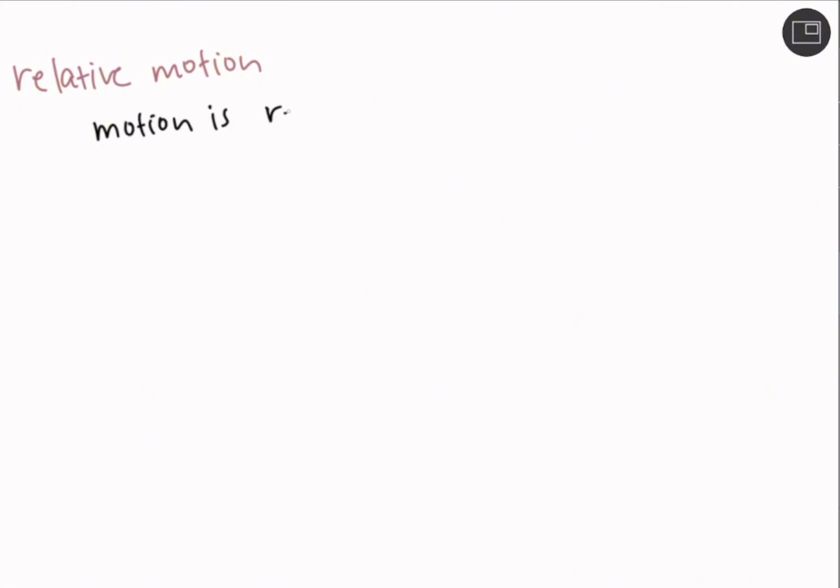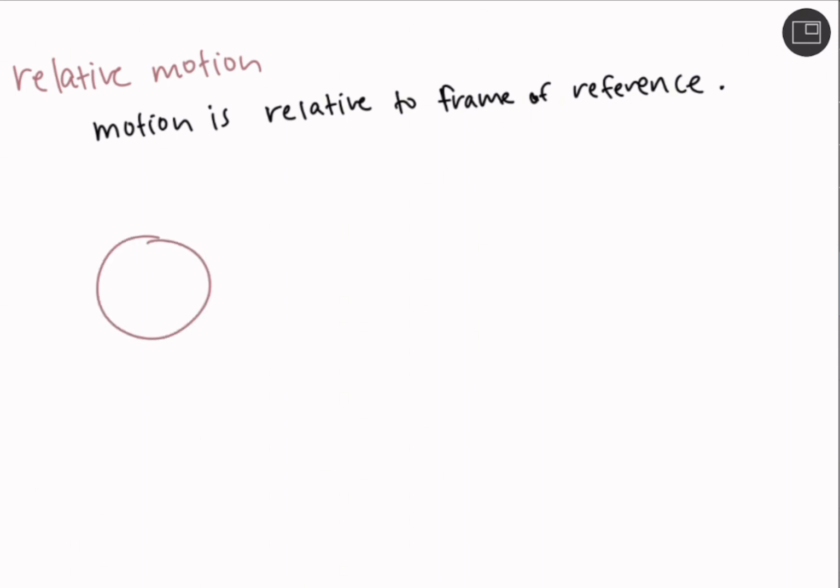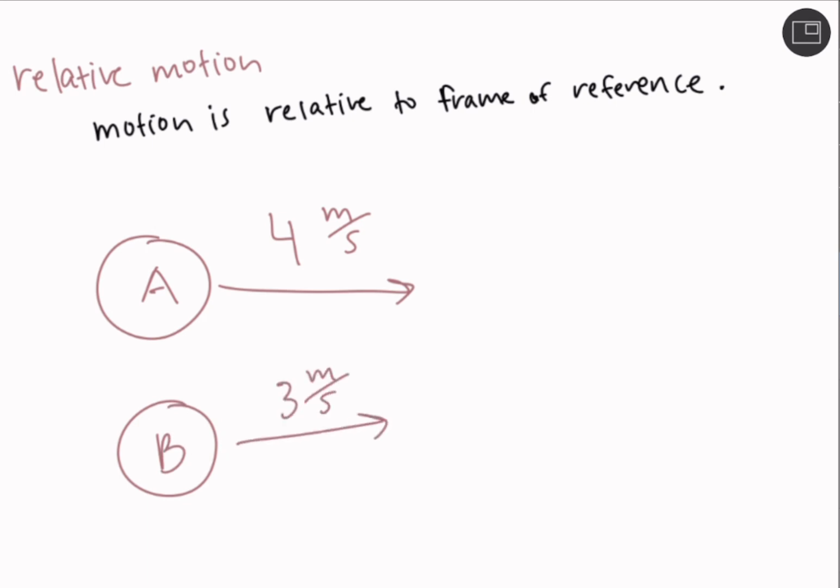Basically, any quantity of motion is measured relative to a frame of reference. And a frame of reference can literally be anything, and values will change depending on what frame of reference you use. In this example problem, we have a ball A traveling at 4 meters per second in the direction of 0 degrees, and we have a ball B that is traveling 3 meters per second in the same direction.